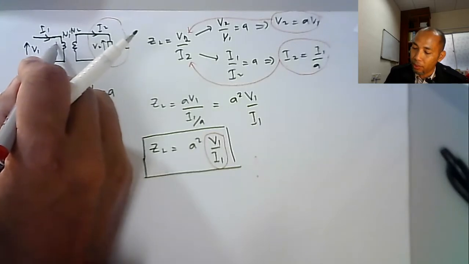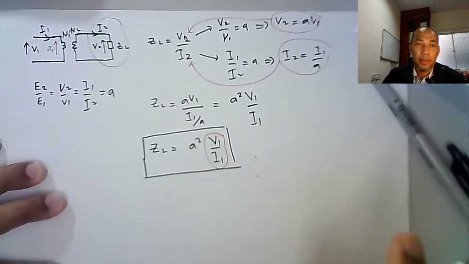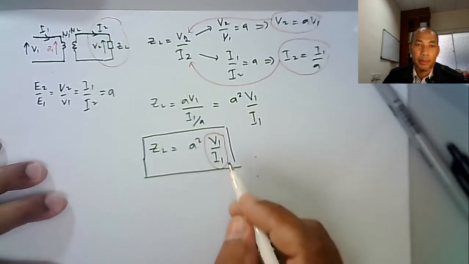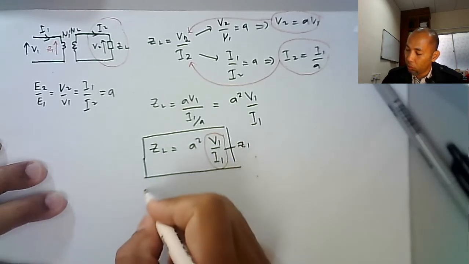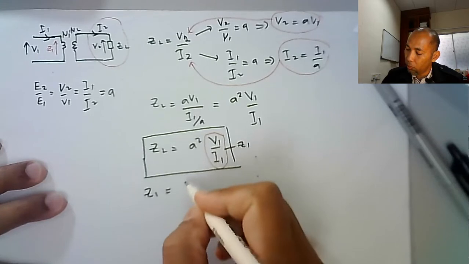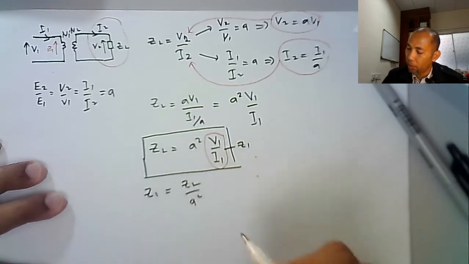V1 over I1 is Z1. So Z2 equals A square Z1.